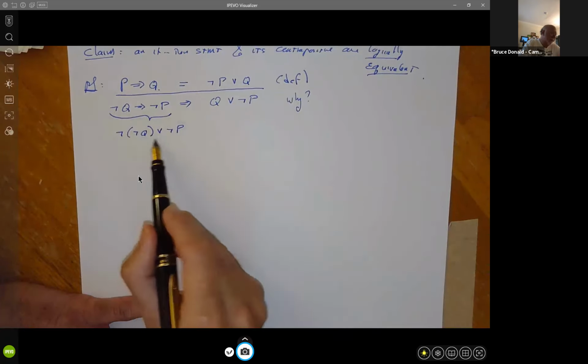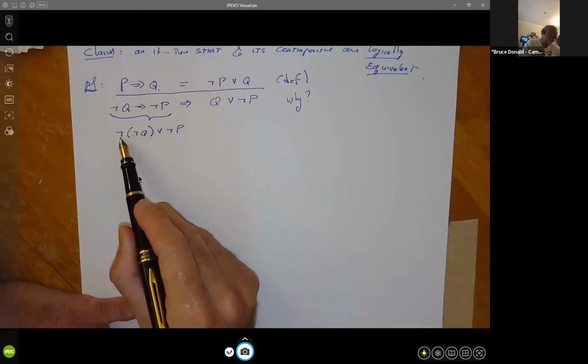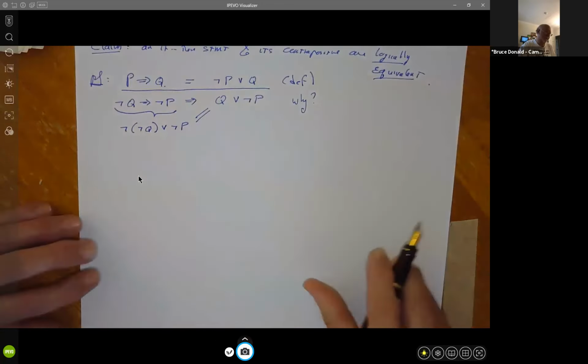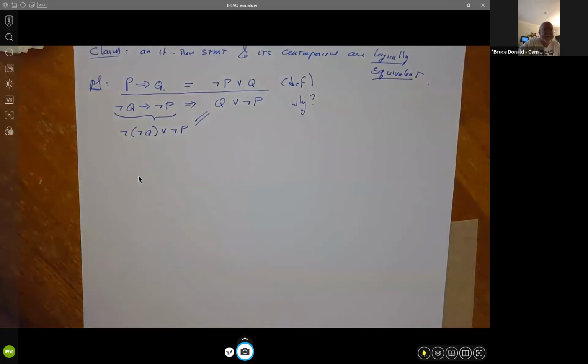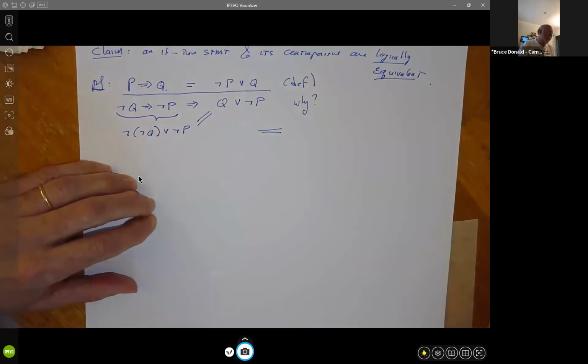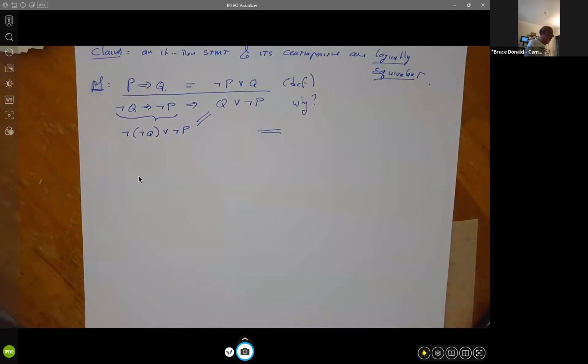I get not Q implies not P is equal to not not Q or not P, and that's equal to this. Does that make sense? Yes. Good. Thank you for asking. And so therefore we proved our theorem. So a statement and its contrapositive are always logically equivalent, which is pretty cool, right?